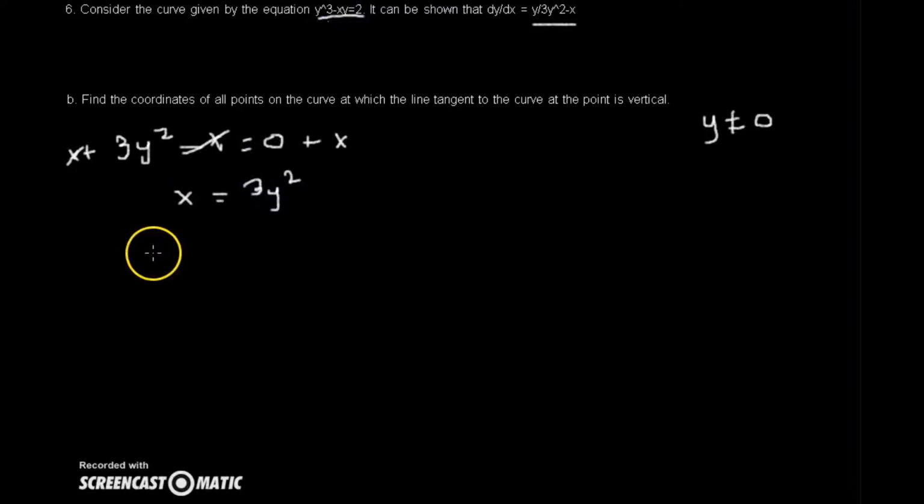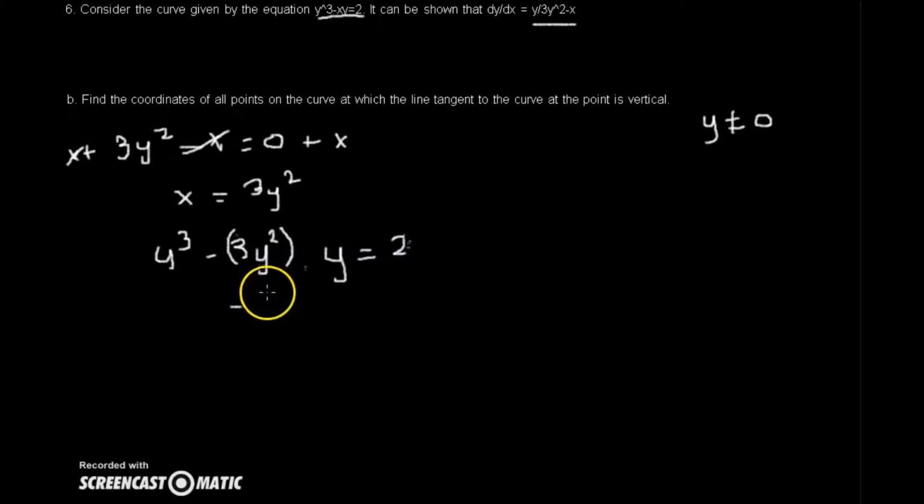So we're going to do that, which is going to equal y cubed minus (3y squared), in parentheses since we substituted that for x, times y equals 2. So this basically equals out to 2y cubed equals 2. You divide both sides by 2.